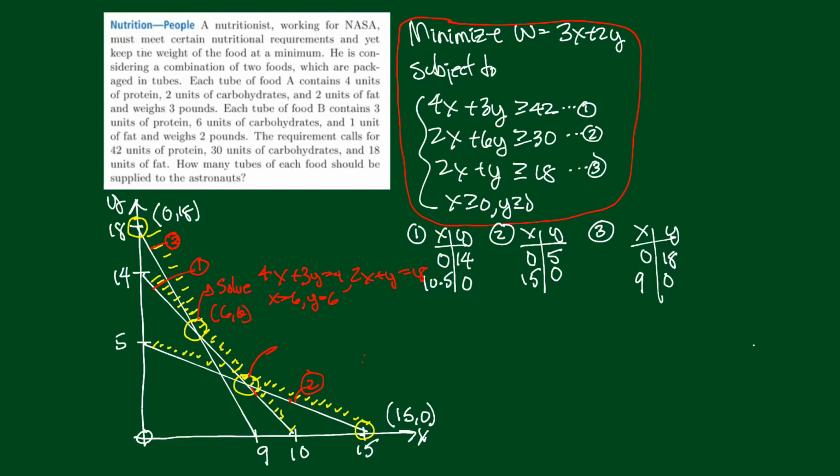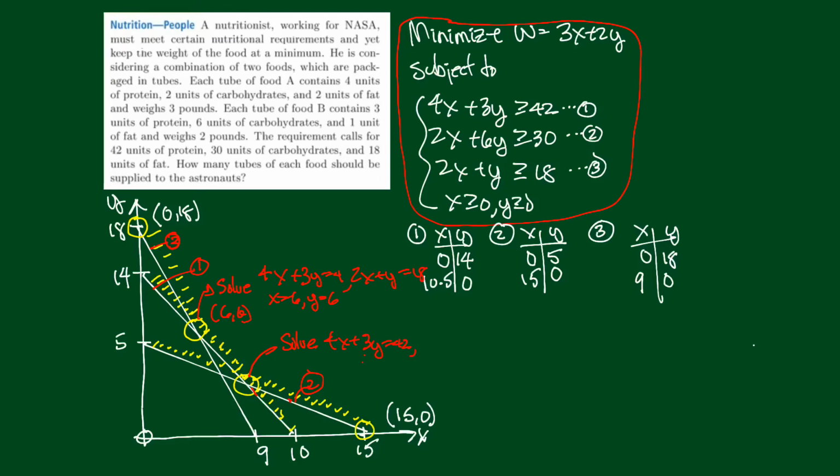Which line is this? Well, I can see it's line 2, and then it's this one here, which is line 1. Okay, so I'm going to use 1 and 2 in Wolfram Alpha. Solve 1 and 2. So 1 is 4x plus 3y equals 42. I've already got that in from the last time.